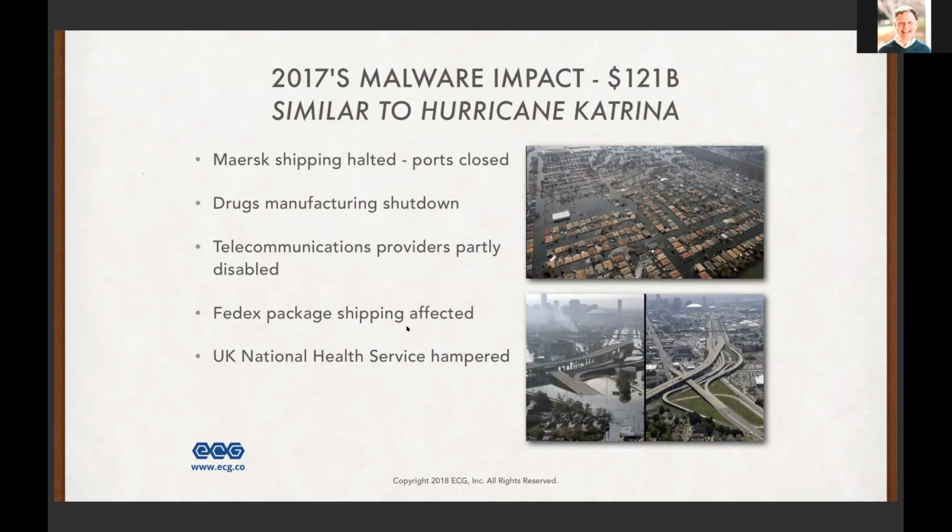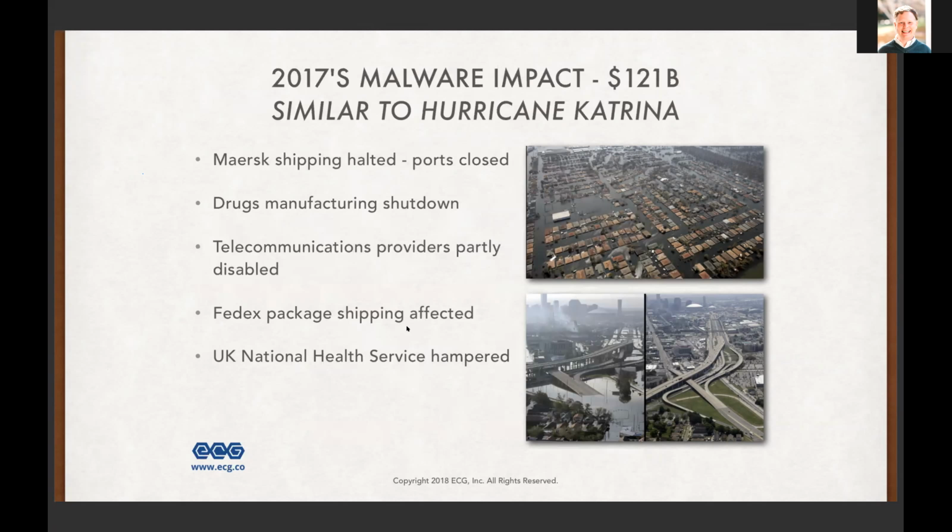A few examples of that: Maersk shipping was halted, and some ports were closed. Basically, ships at sea came into port and just had to stop, because the systems necessary to safely manage customs and offload the cargo had been shut down, killed by NotPetya.